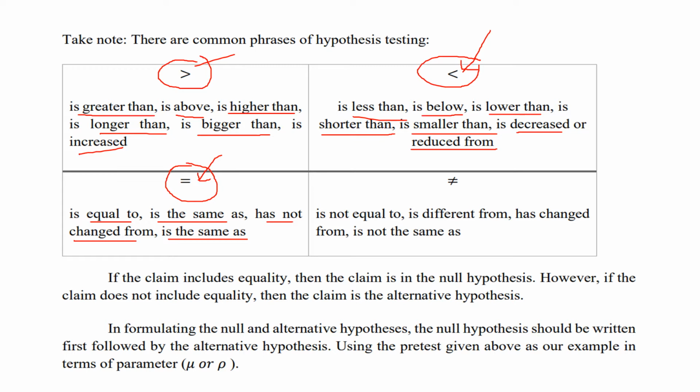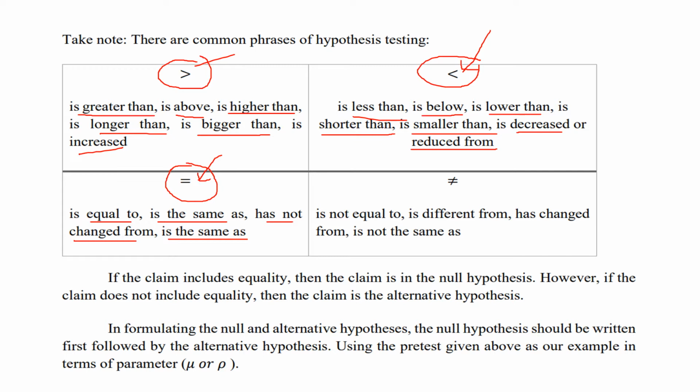Meaning, if there are two variables involved, there is no difference. Meaning to say that your x sub 1 is equal to your x sub 2. If your x sub 1 is your first variable and your x sub 2 is your second variable, once you're dealing with your null hypothesis, meaning to say that there is no significant difference between those variables, that's why we can conclude that your x sub 1 is equal to your x sub 2.